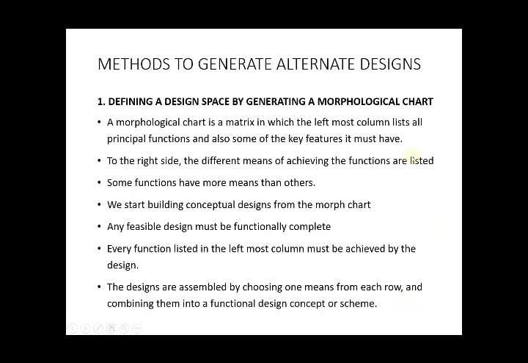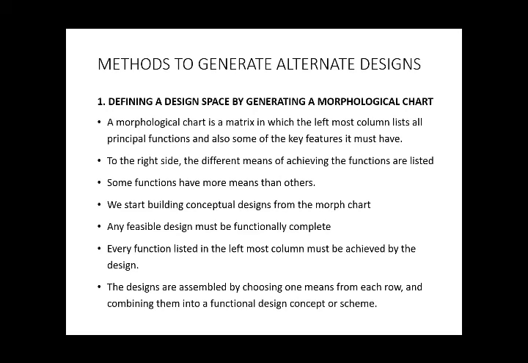So what are the different methods to generate alternate designs or alternate design solutions? Let us see. The first method is by creating a morphological chart, also commonly known as a morph chart. A morphological chart is actually a table.